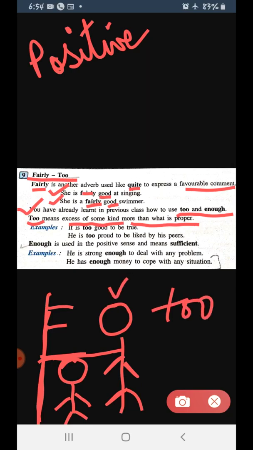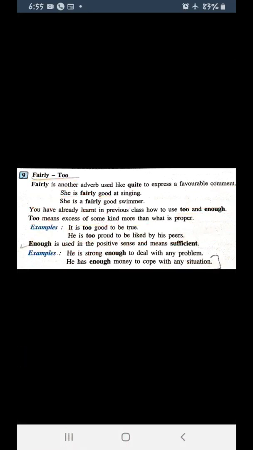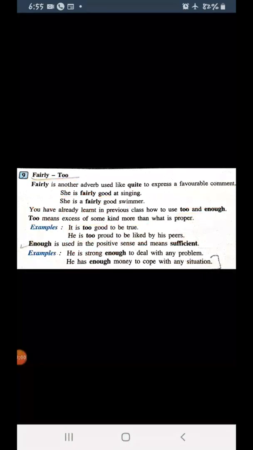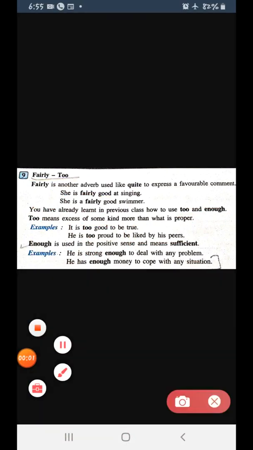Example, the boy is too tall. For this we will say the boy is tall, and for this we will say the boy is too tall.